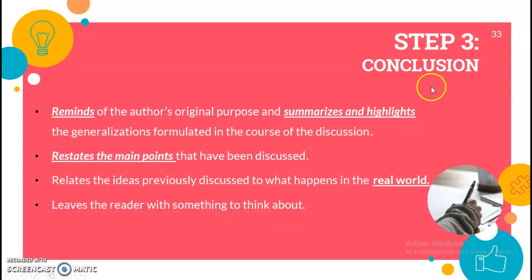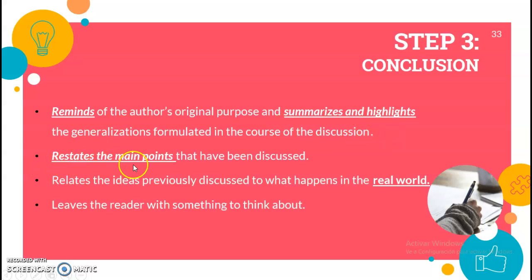So step 3, conclusion. When thinking about the conclusion, which is the last step in any essay, we need to remind the reader of the author's original purpose and summarize and highlight the generalizations formulated in the course of the discussion along the whole paper.